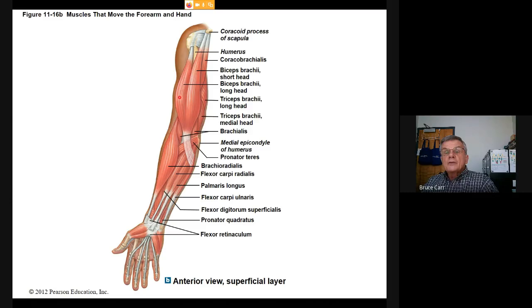So when we contract this muscle, it basically places force in the lateral direction on the head of the humerus and pushes it into the glenoid cavity, stabilizing the joint. The second head, the so-called short head, crosses over on the anterior surface and attaches to the coracoid process of the scapula, a much more forward and exposed attachment.